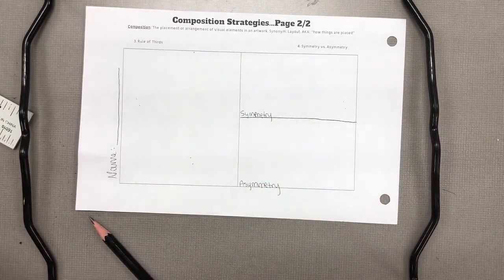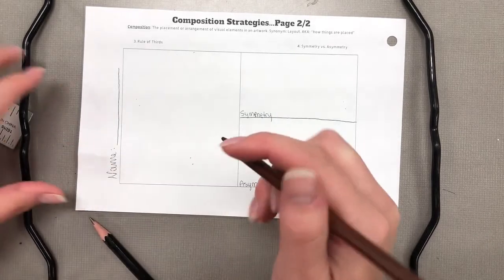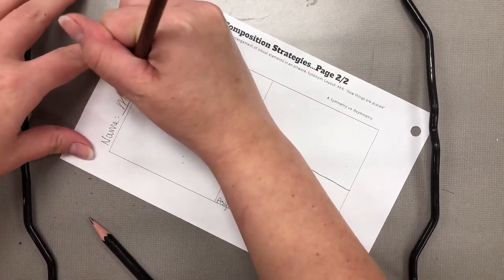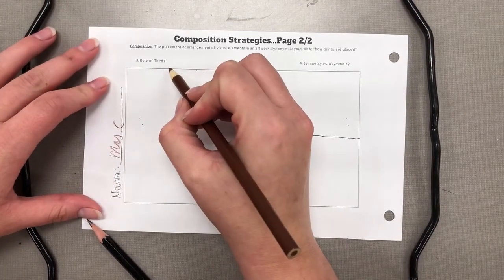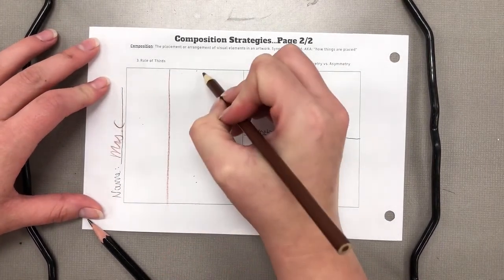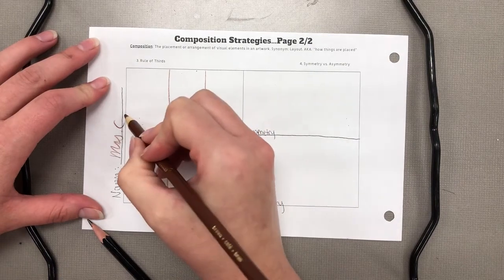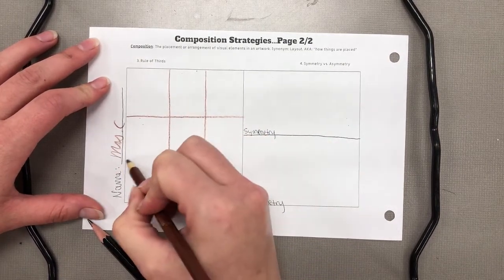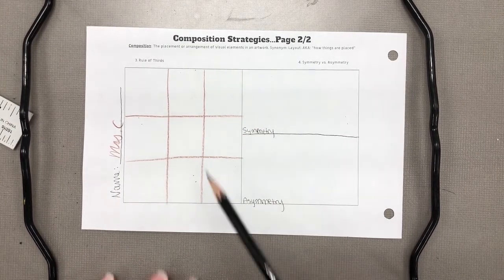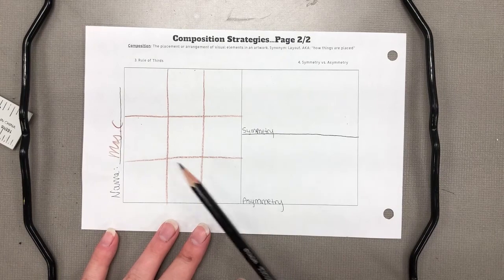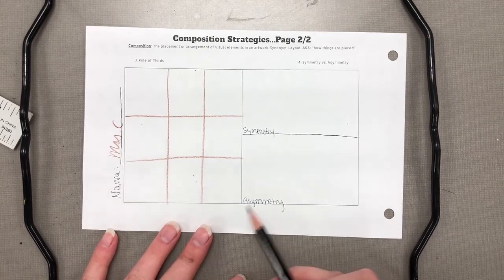Rule of thirds. If you are an Instagram user and you've ever turned the grid on when you're taking a photo, it probably looks something like this. And they pull that from the rule of thirds. What the rule of thirds is, it's like a tic-tac-toe board. So 2 lines up and down, 2 lines going side to side.